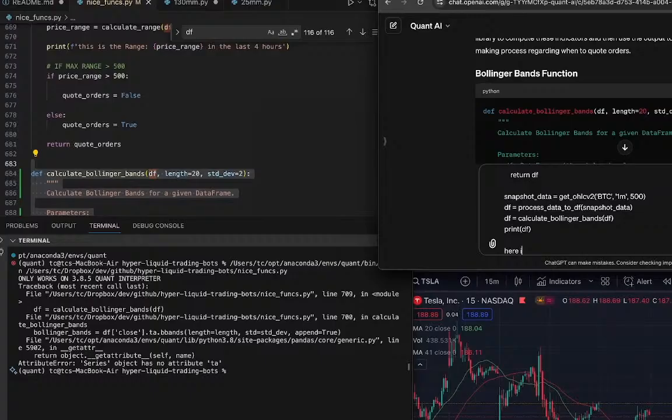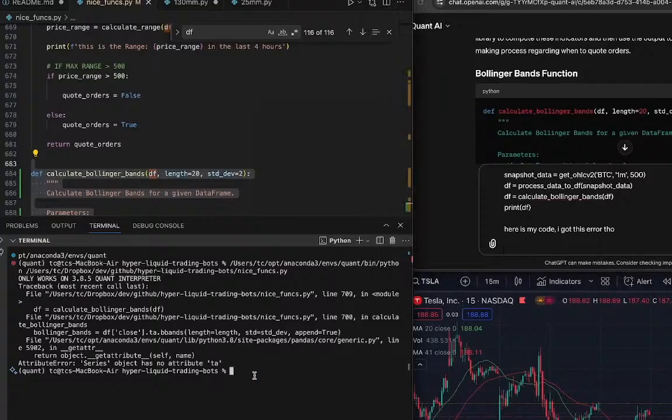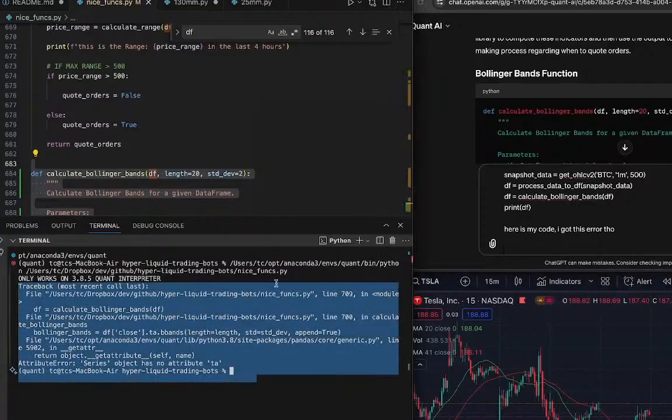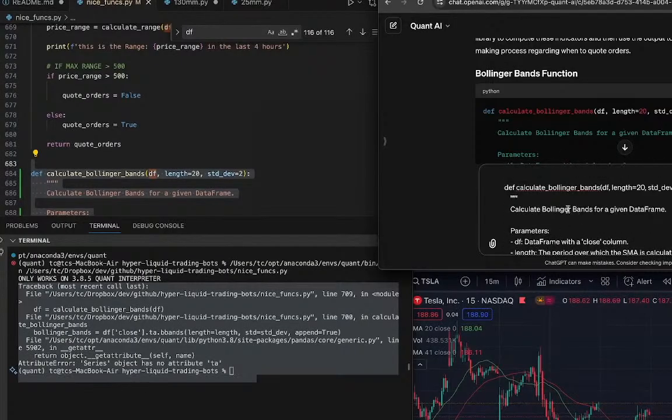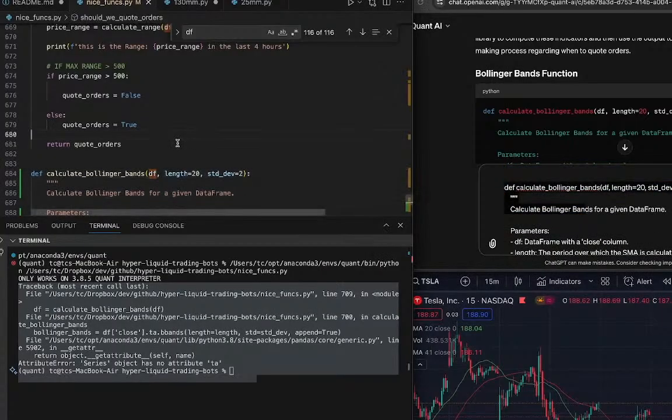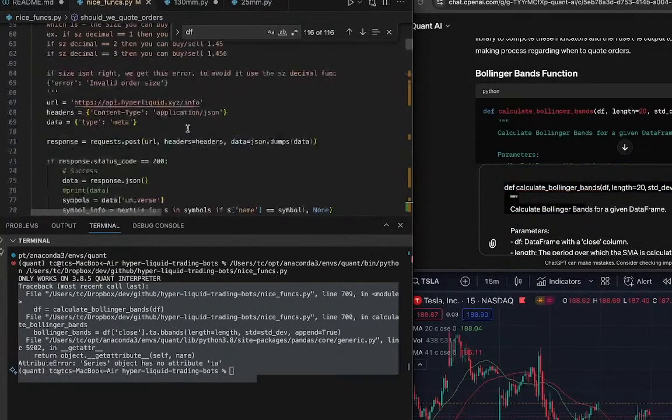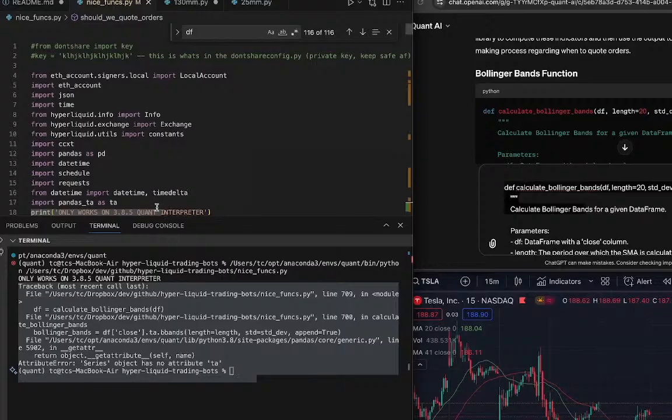Here's my code. I got this error though. So no attribute TA. That's weird because I have it. Let's just go ahead and cheat a little bit here, just to make sure she don't trip on me.